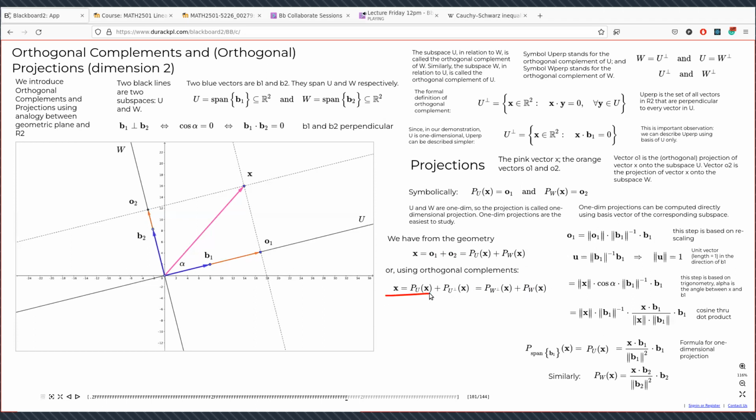That's another very fundamental fact which will be present even in full generality when we take it to any dimension. But right now you see the demo of that fact on this plane example. If I write this using the language of linear maps, rather than using x, I can say the identity map breaks into a sum of two projection maps: projection onto a subspace and projection onto that subspace's orthogonal complement, and the same for W. And I said linear because a projection map is a linear map.